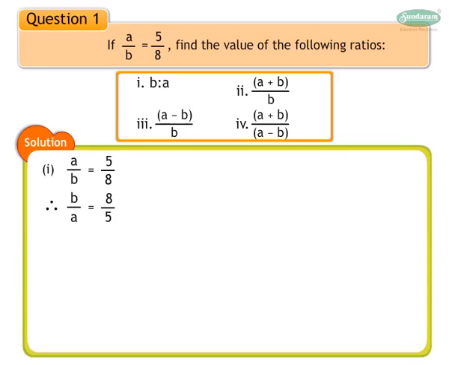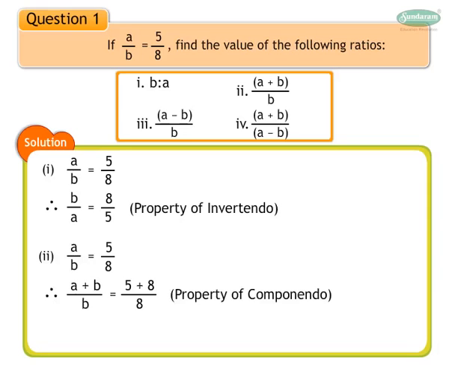Solution. 1. To find b/a, let us use the property of invertendo. Therefore, b/a is 8/5. 2. To find (a+b)/b, let us use the property of componendo.